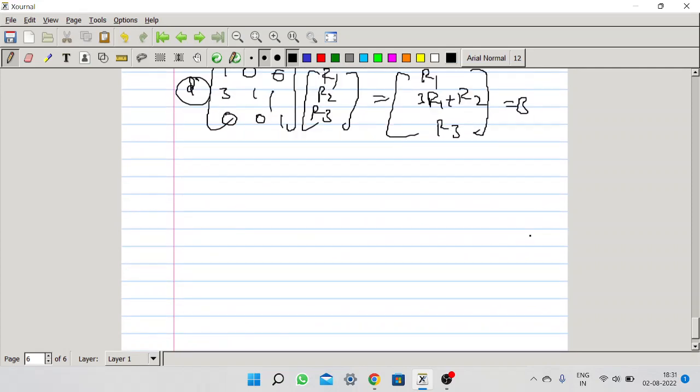So option D is the correct option. One zero zero, 3 1 1. Sorry, this is 0, right? Here also it is 0. Zero zero 1 equal to P. This is the third problem.